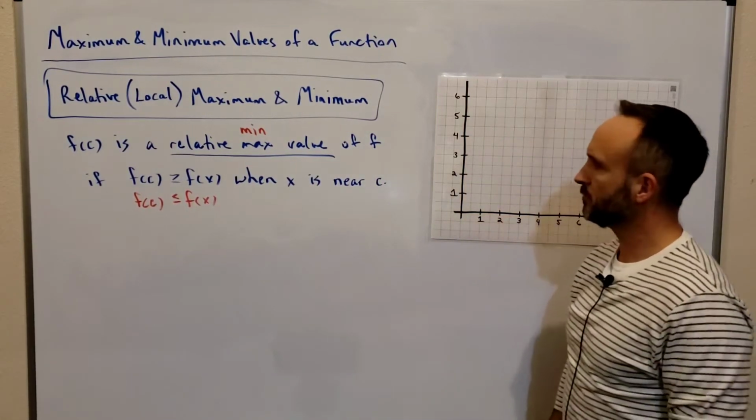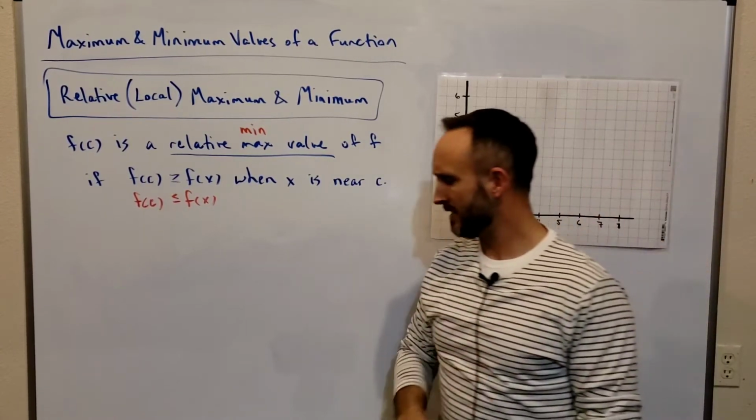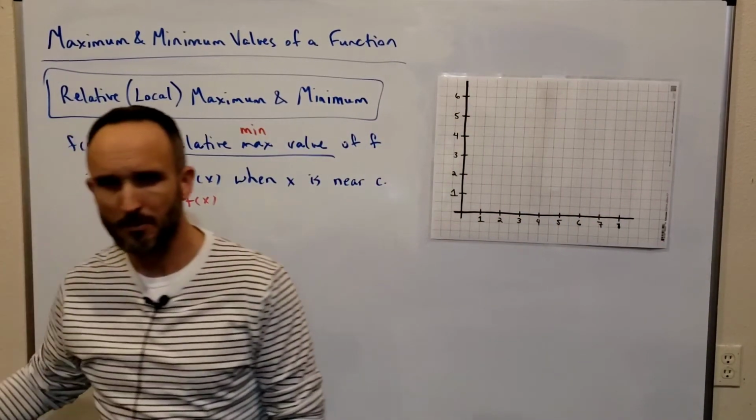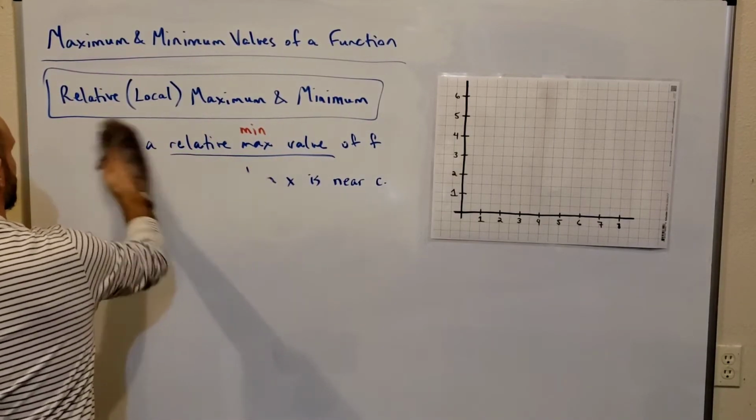Okay? So now let's come to our graph. We'll draw up an example and we'll discuss the maximum and minimum properties of a particular function, okay?